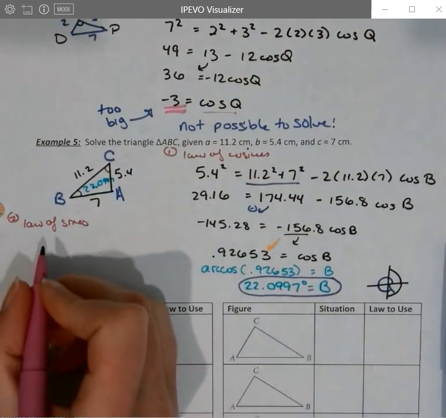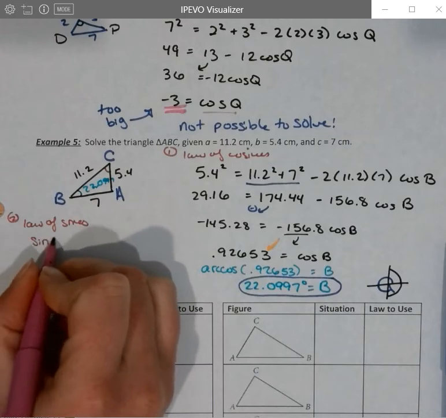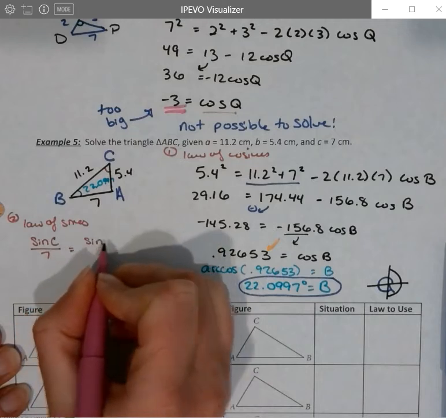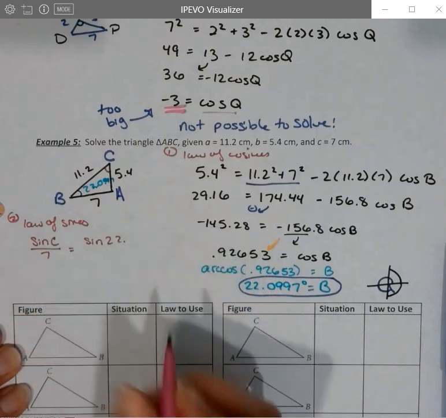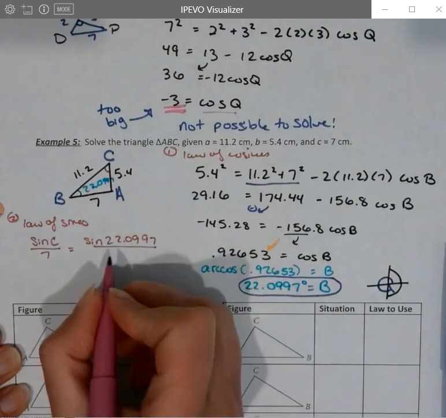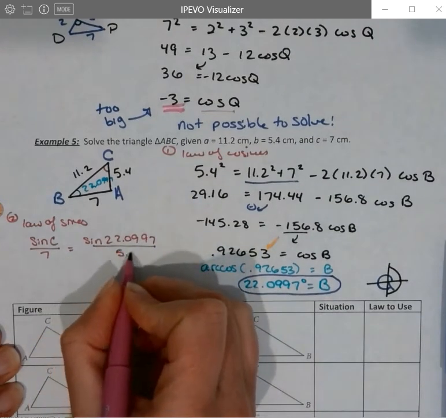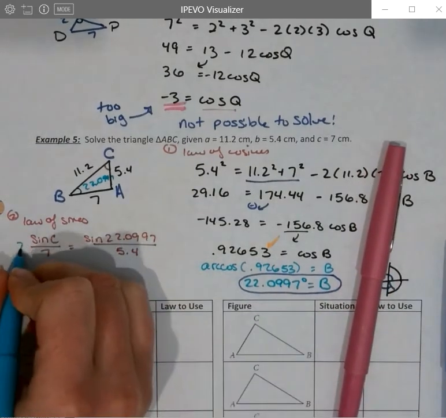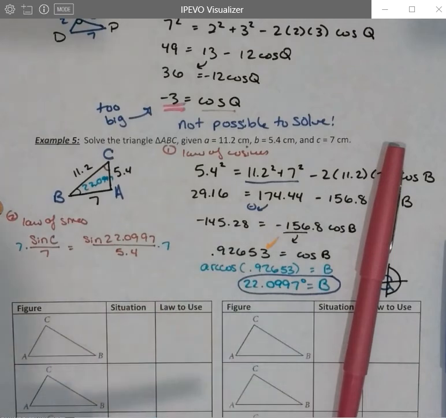And so we would say sine C over side C, which is 7, equals sine B, which is our 22.0997, divided by side B, which is 5.4. So if we just multiply both sides by 7, then we can do the sine of that 22, etc., divided by 5.4, then times 7.